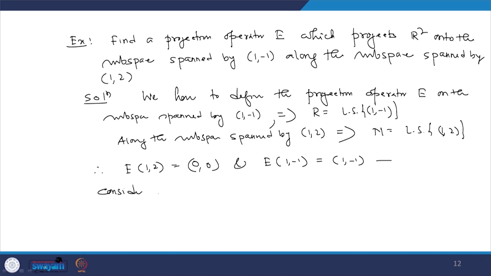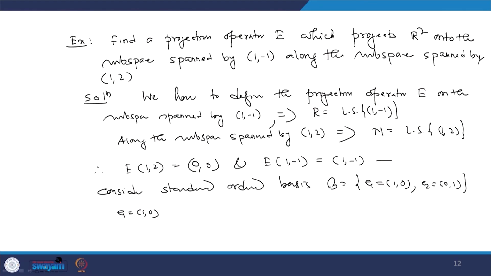Consider the standard ordered basis B equal to E1 equal to (1, 0) and E2 equal to (0, 1). If I know the image of E1 and E2 under capital E, then we will be able to find the image of any element (x, y) in R2.